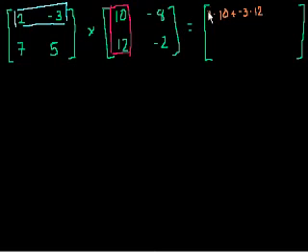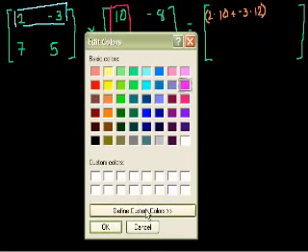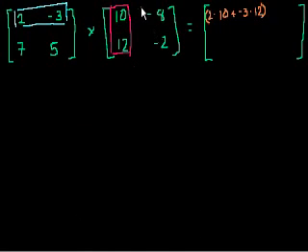I'm going to run out of space. And so what's this second term over here? Well, we're still in the first row of the product, but now we're in the second column, and we get our column information from here. So let me pick a good color. So this is a slightly different shade of purple. So now this is going to be, I'll do that in another color, 2 times minus 8.